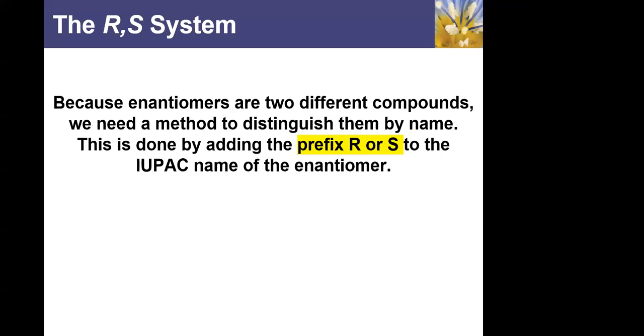They have given us the R and S configuration. We use the prefixes R and S. For example, we can have R-butanol, which gives this name to the original molecule, and then I have a mirror image that I might call S-butanol. Can I differentiate between these two?